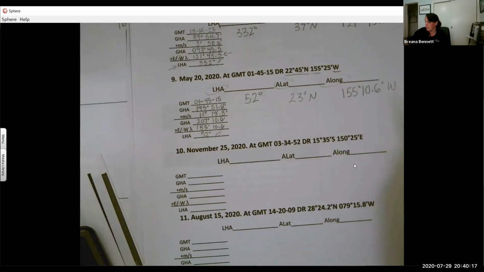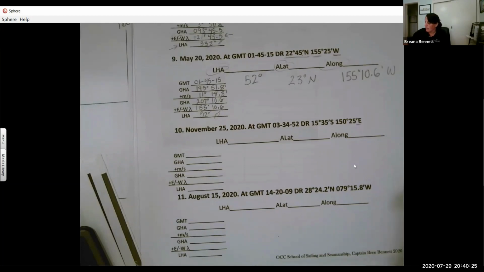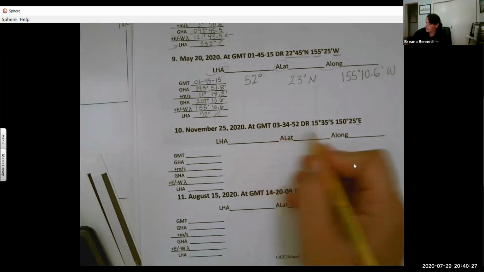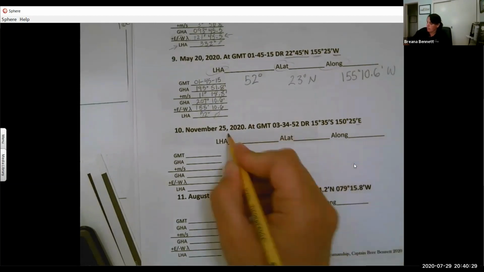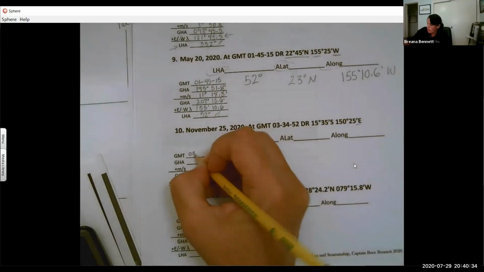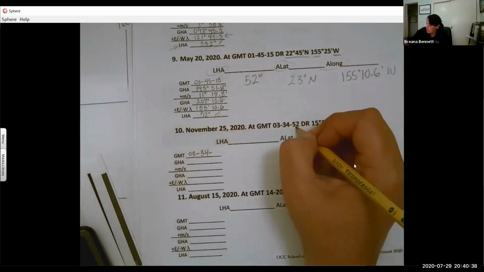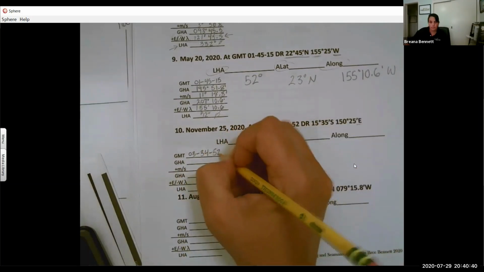Our next one's east. So we're going to figure out how to do an easterly one. Okay, so we're doing the sun. We're on November 25th. We have a GMT of 03:34:52.